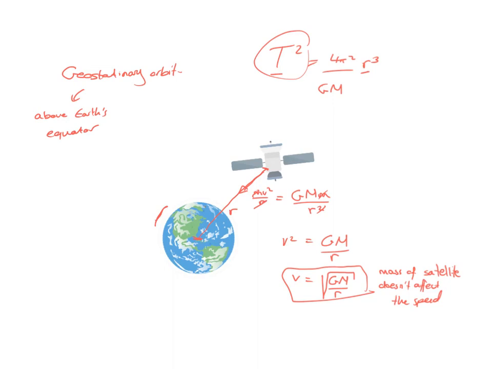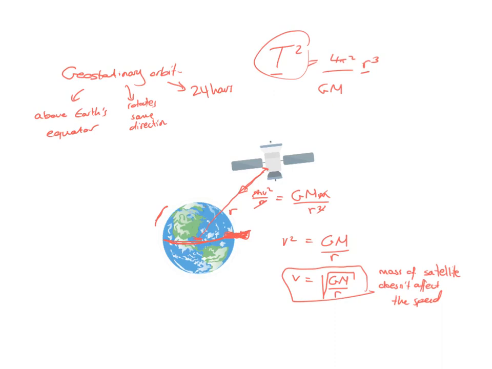So it stays in a specific location fixed above the equator. So this is the equator. A satellite will be fixed directly at that spot. I'm not really good at drawing satellites, so imagine this is a satellite. It looks like a bow. But yeah, it will rotate in the same direction, and it has an orbital period of 24 hours.